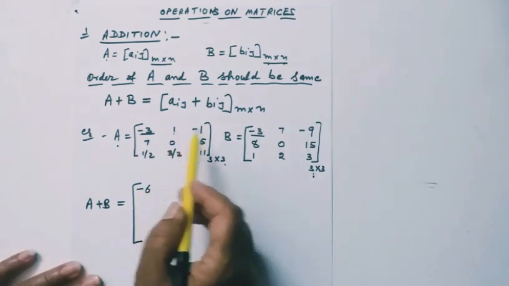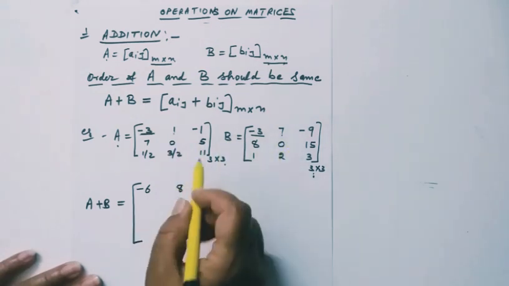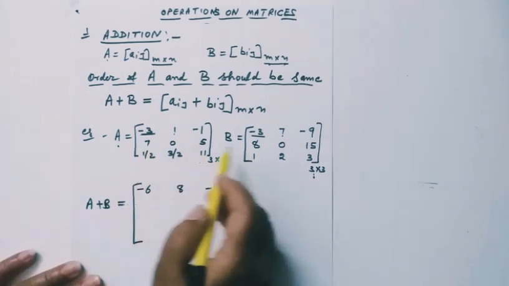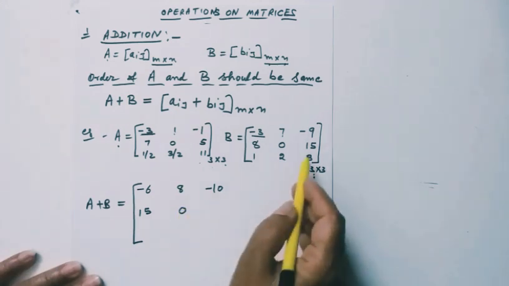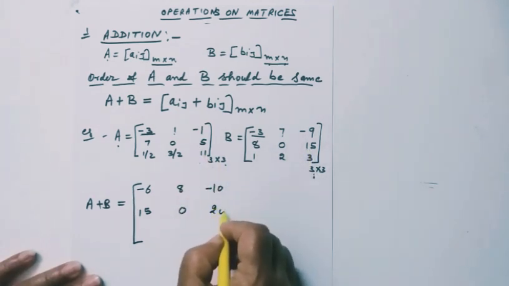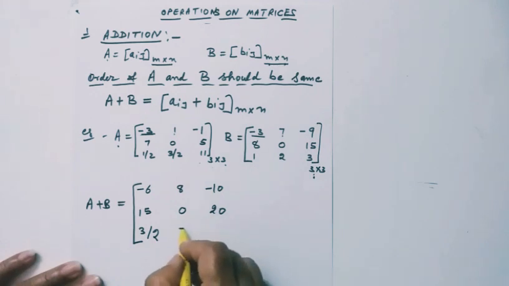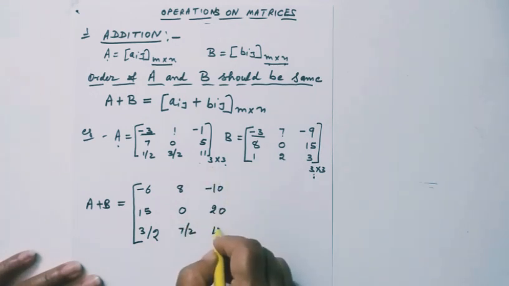Similarly, A12 is added to B12. 1 plus 7 is 8. Minus 1 minus 9 is minus 10. 7 plus 8 is 15. 0 plus 0 is 0. 15 plus 5 is 20. 1 by 2 plus 1 comes out to be 3 by 2, and 3 by 2 plus 2 comes out to be 7 by 2, and 11 plus 3 comes out to be 14.